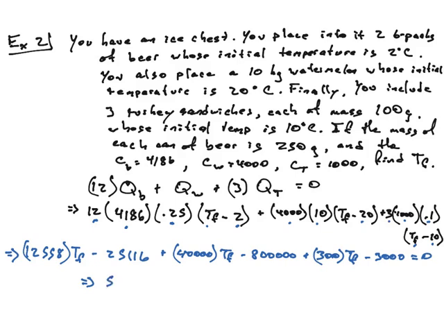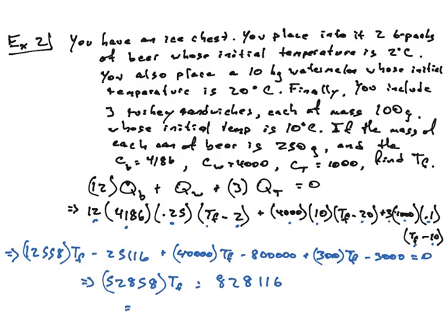So we have 52858 TF. And then the other things go on the other side. So I have 25116 plus 800,000 plus 3,000. And on this side I get 828116.